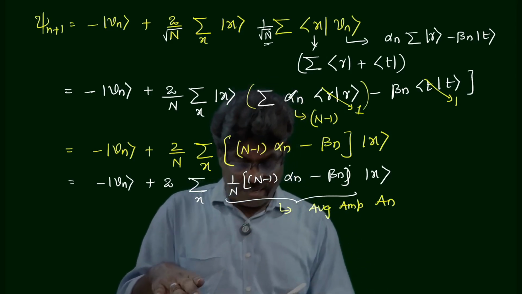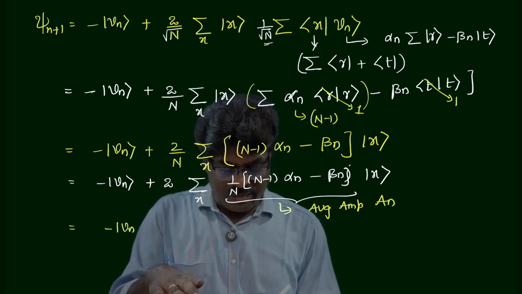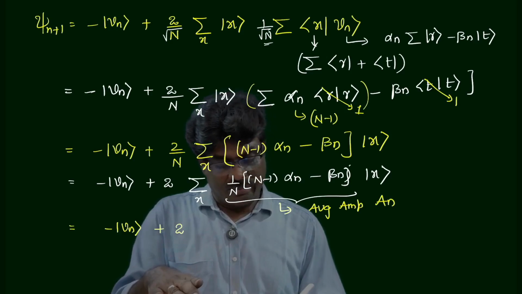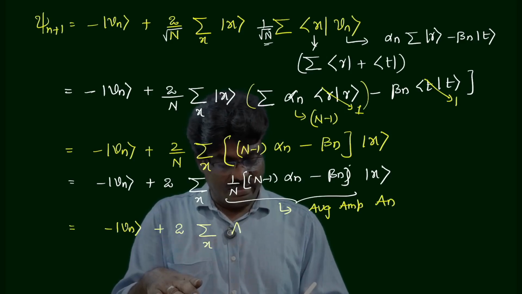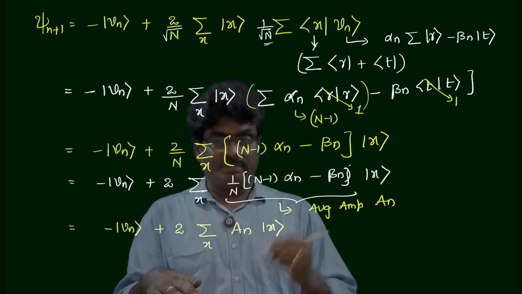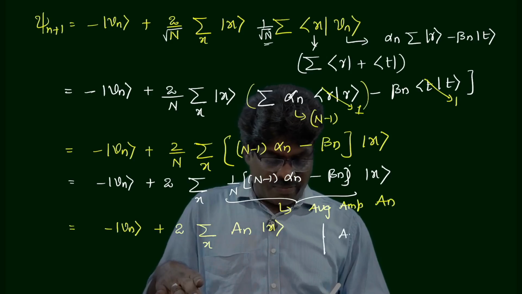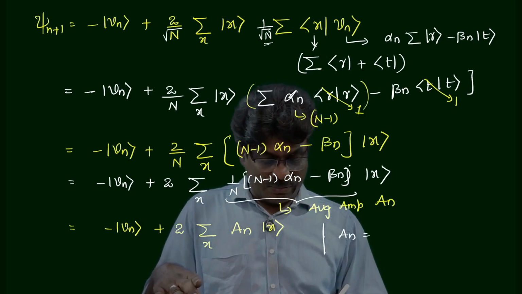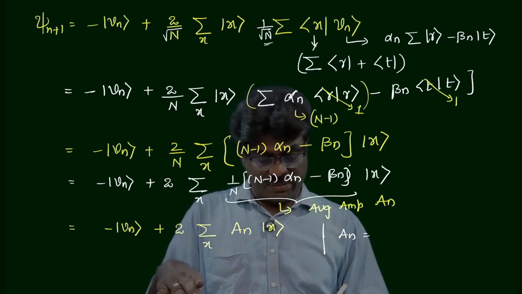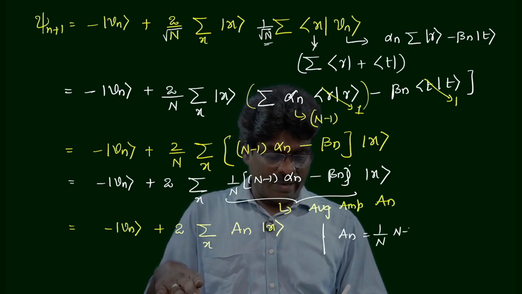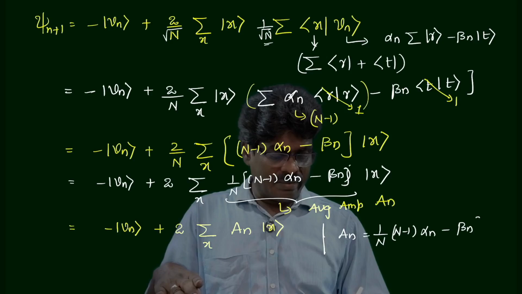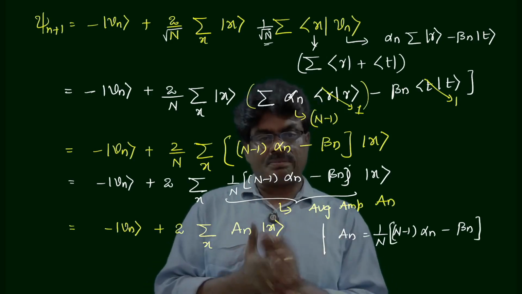So finally we can write this as minus Vn plus 2, and here we have this summation over x, an x, where this an equals, this is very important, the average amplitude after n number of iterations, 1 by n, n minus 1 alpha n minus beta n. 1 by n is common to both.